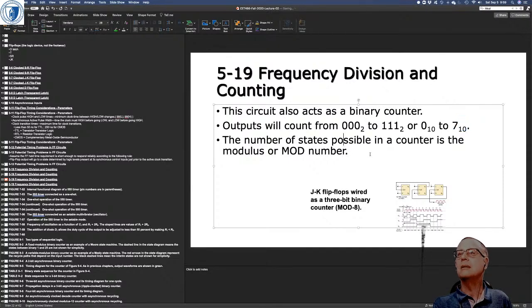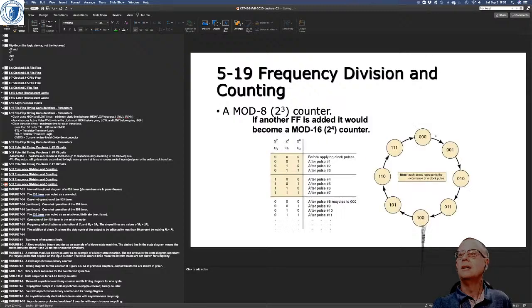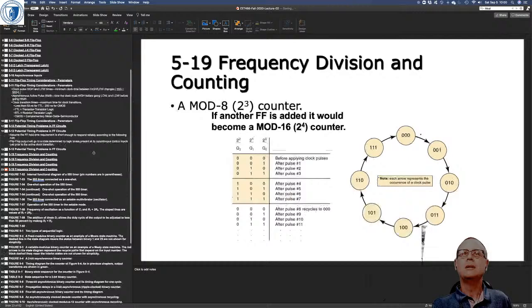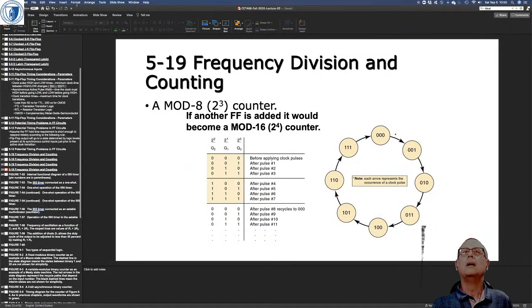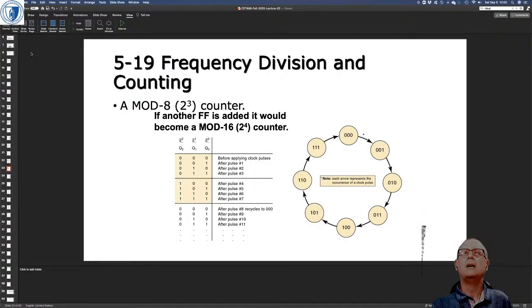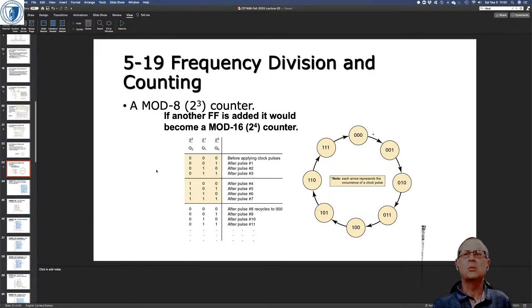Base 2 is a little tricky. Right, so let's just have a look at this one. There we go. Probably shouldn't have made them quite so small.